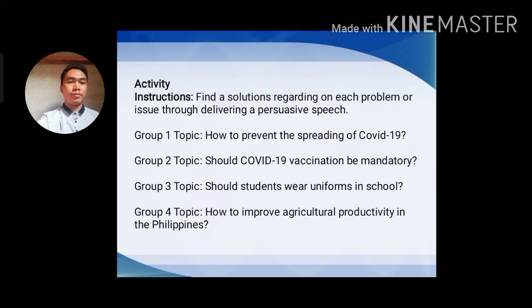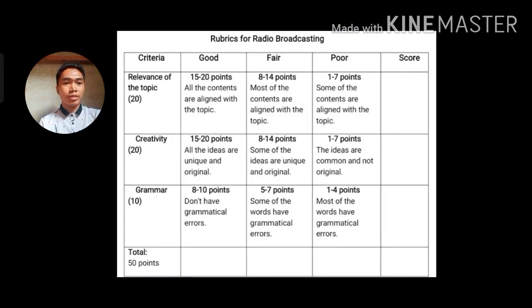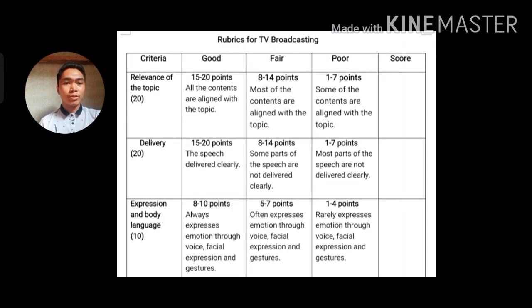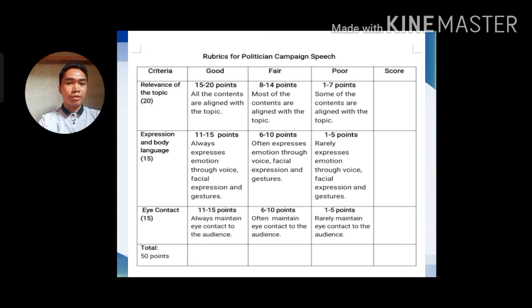So that's all, and this is the rubrics for radio broadcasting. This is the rubrics for TV broadcasting. This is the rubrics for classroom speaking, and this is the rubrics for campaign speech.